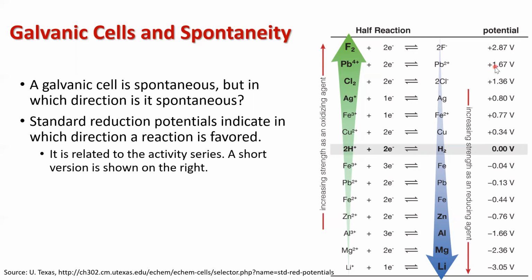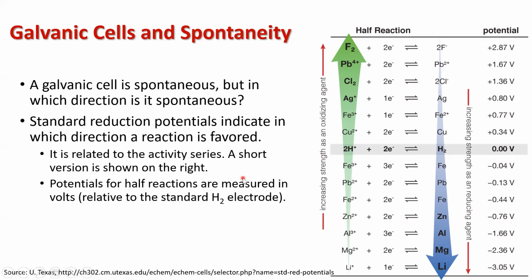Now, the more positive the number is, the stronger the oxidizing agent, or the more likely it is to be reduced. The more negative the number is, the stronger the reducing agent, or the more likely it is to be oxidized. And we're going to use that information to decide whether or not a reaction is spontaneous.